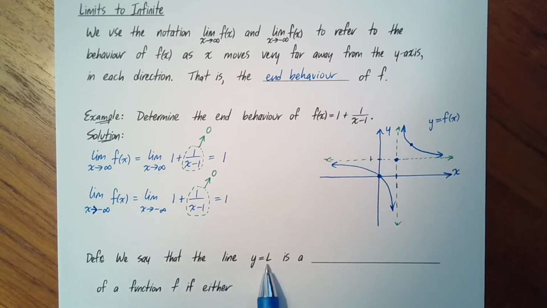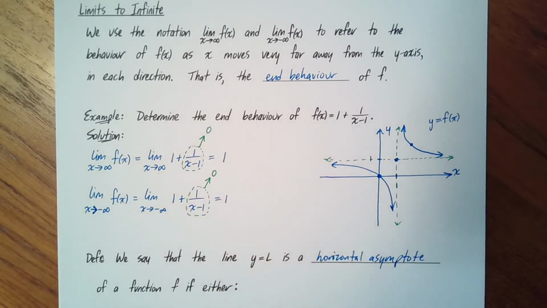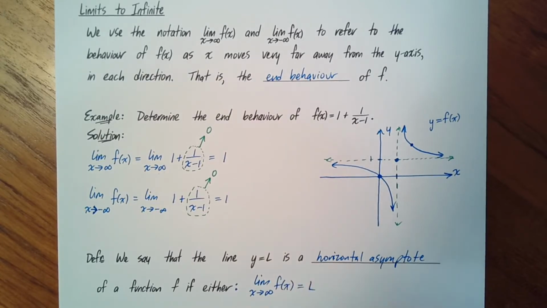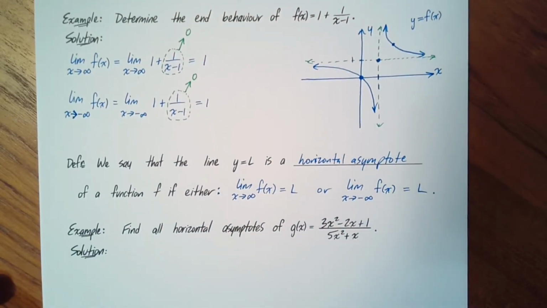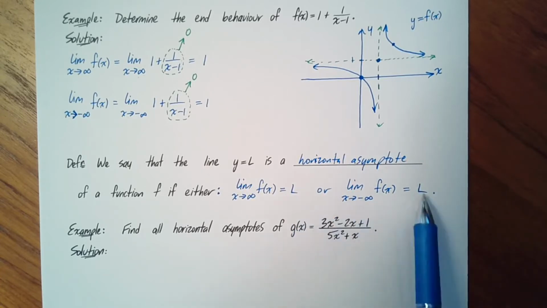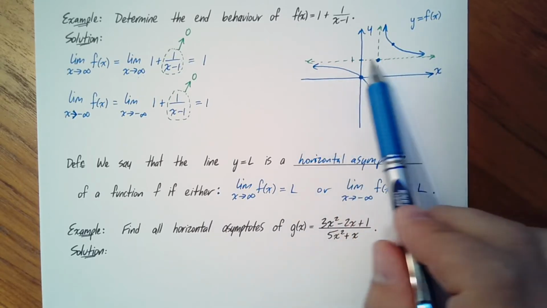So we can say that the line y equals L, so for example, think of the line y equals 1 in this picture, y equals L is a horizontal asymptote of a function f if either, and there's two different ways this can happen, if either the limit as x goes to infinity of f of x is equal to L, that's one way it can happen, or the limit as x goes to negative infinity of f of x is equal to L. So if the limit as x explodes in either direction, to the left or to the right, of the function is equal to this constant L, in this case L is just some real number, then you have yourself a horizontal asymptote at the line y equals L. So again, just think of the line y equals 1, which is this flat line in this example.